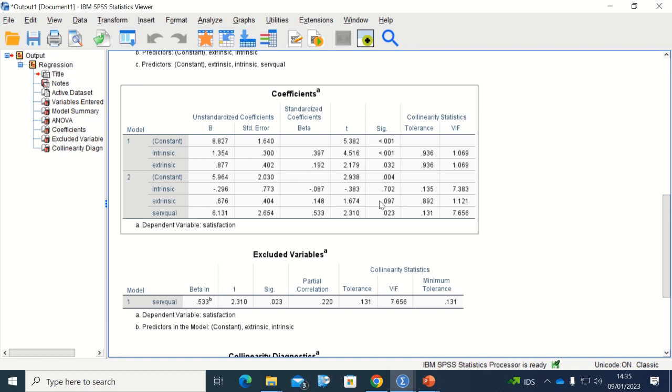This means that there is mediation happening. If these two stay significant but the t values are lesser, then it is partial mediation. But if they become insignificant, then this is what we call full mediation. So in this case, we have a case of full mediation. And of course, serve qual is a significant factor for the DV, which is satisfaction.